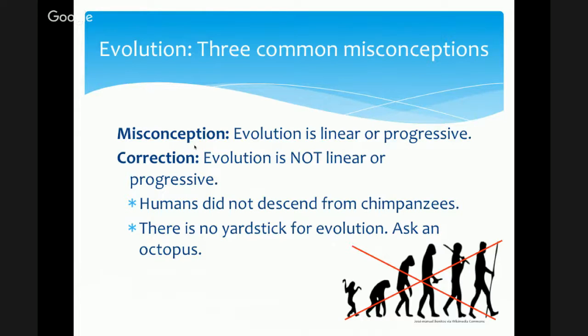So it's important to remind your students all the time that there's no yardstick, there's no measure. No one species is more evolved or better than another species. We're all here. We're all doing well. We're all equally evolved and equally successful. The species that haven't been successful are the ones that are extinct. But they probably were doing pretty darn well for a long time.